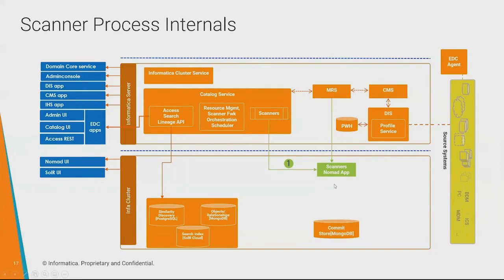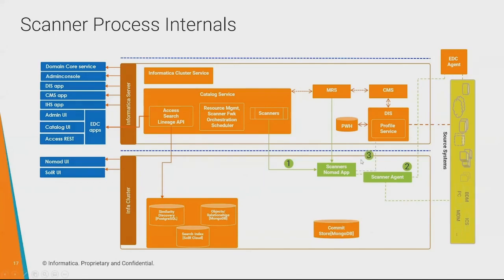And this application reads the scanner related configuration from MRS. So that's where this line comes into play. Right, and once the scanner application spawns a scanner agent, it extracts the metadata directly from the source. That's where this dotted line comes into play, or through the EDC Security agent.